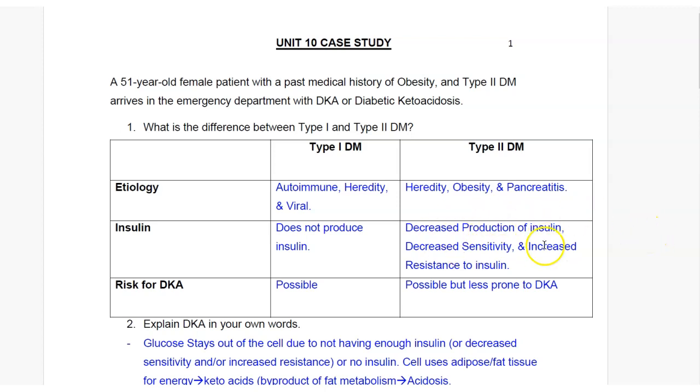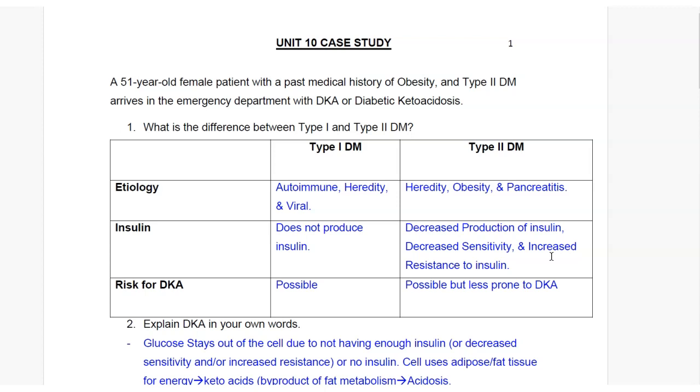Again, it's still producing insulin, but it's just not enough. Sometimes the body is just not as sensitive to glucose spikes, and the body is more resistant to insulin, so it's not really reacting to it. Even though it's producing insulin, it's just not getting that response.